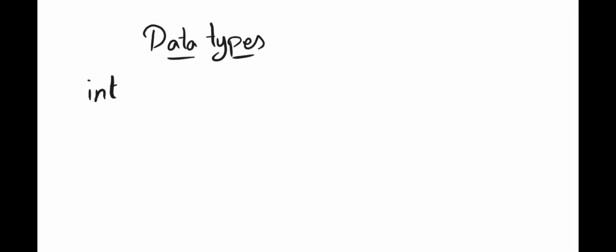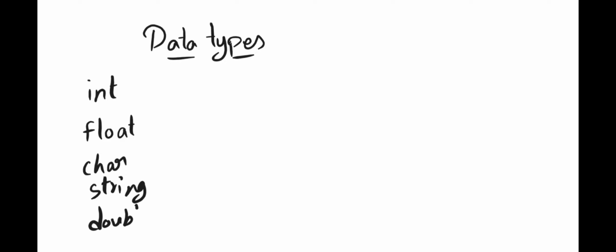Now we come to data types. We have different types of data types in C++: int, float, char, string, double, and bool.